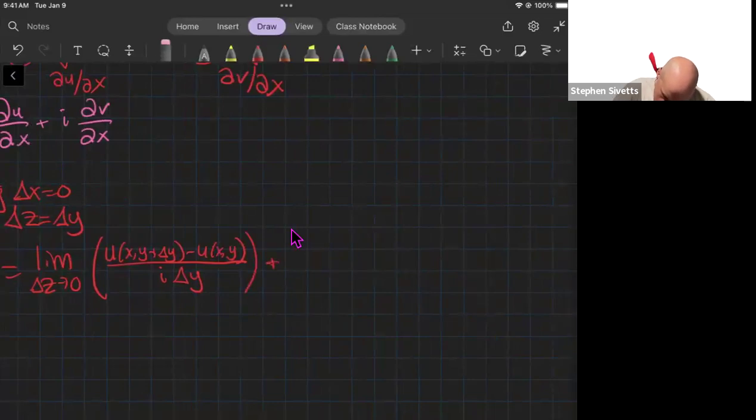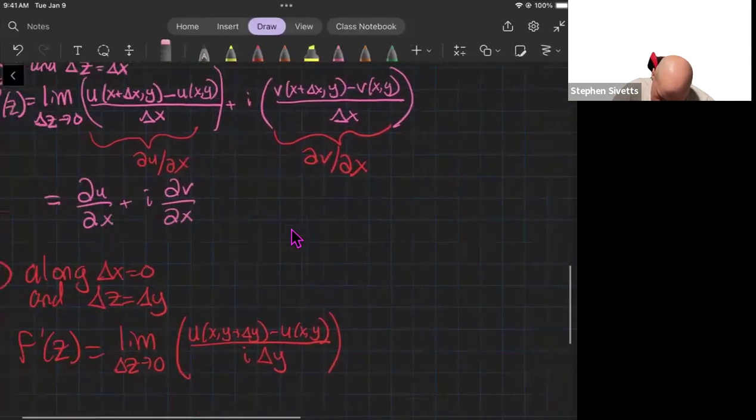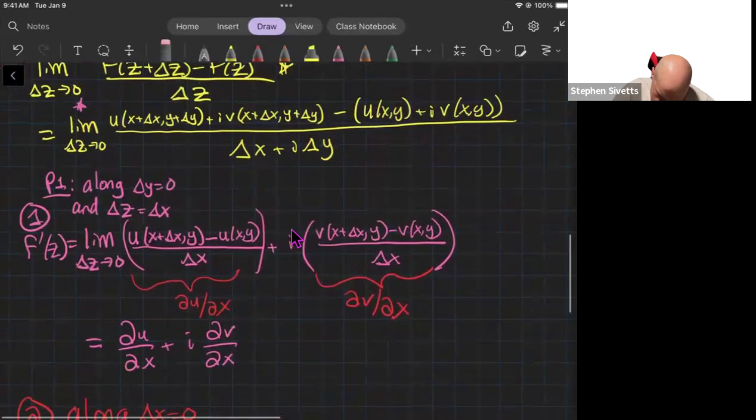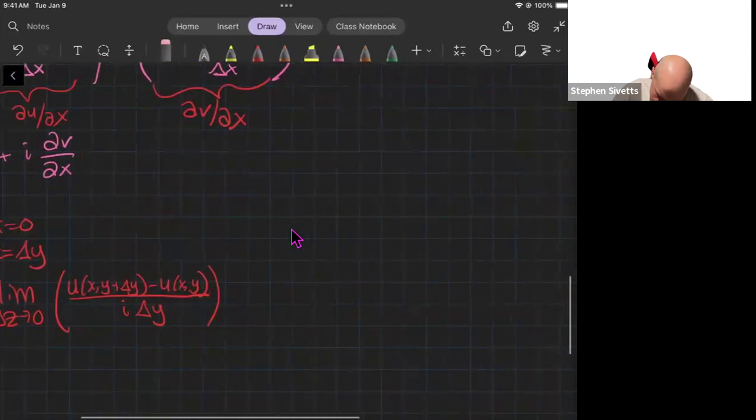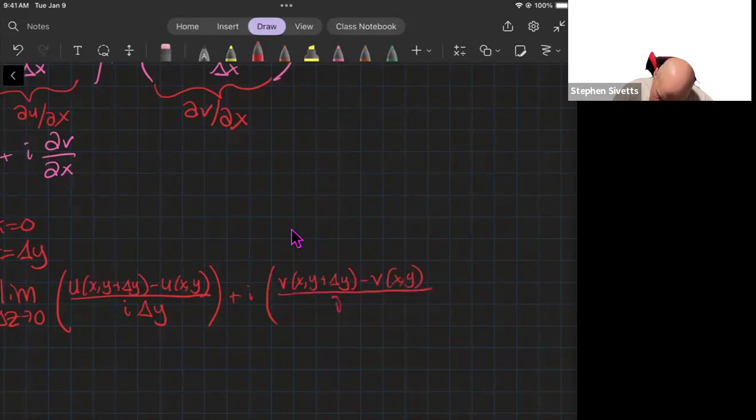Plus i times v of x, y plus delta y, minus v of x y, divided by i times delta y.